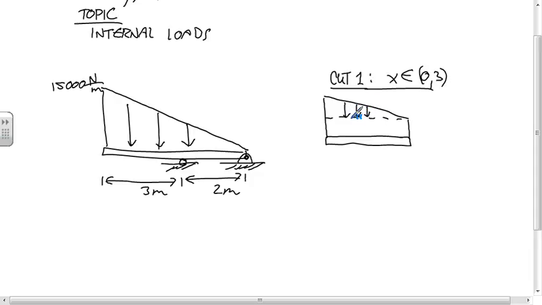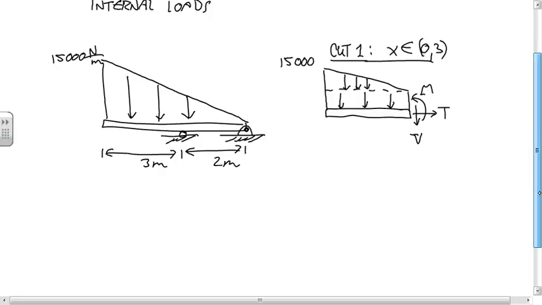So you have a triangular distributed load, a rectangular. We know that this point is 15,000. We have to figure out what this point is.